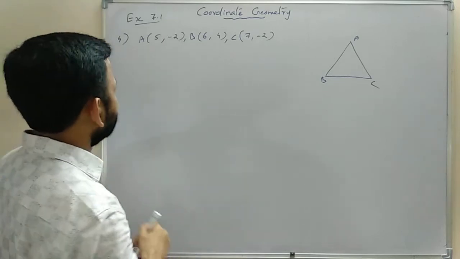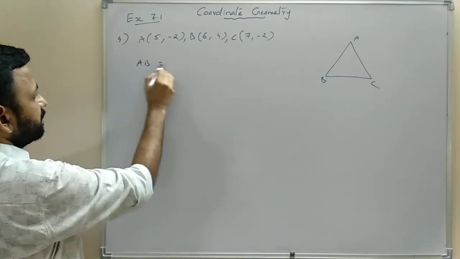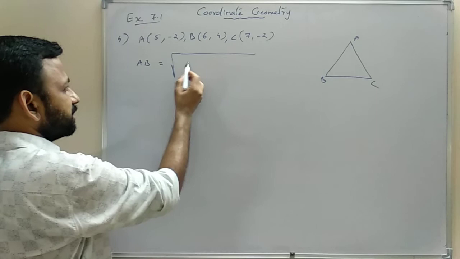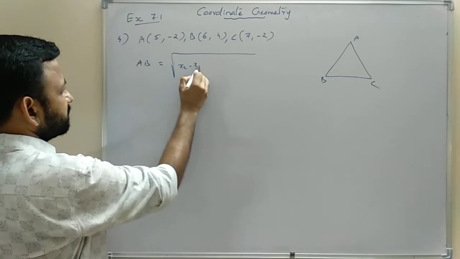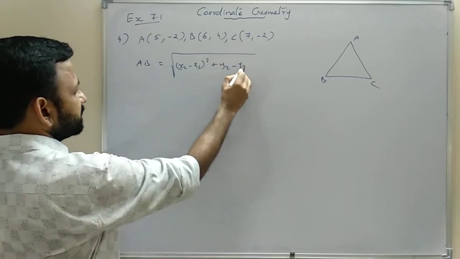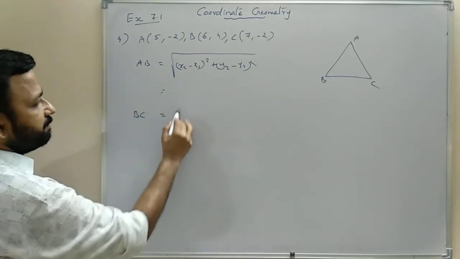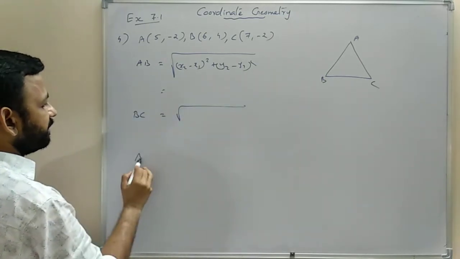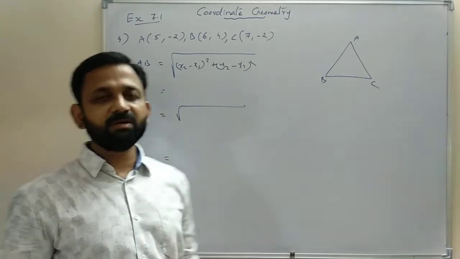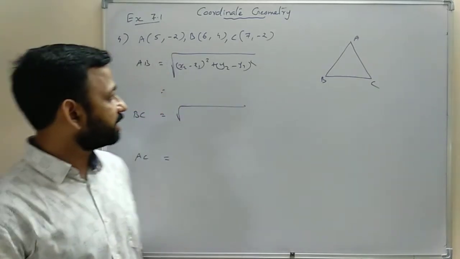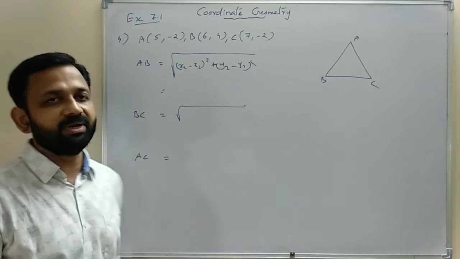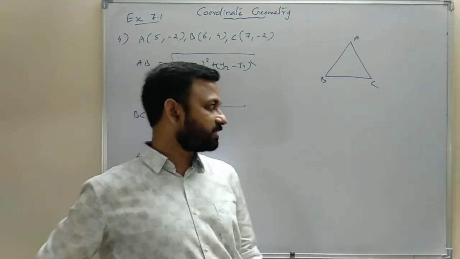Here we find AB using the distance formula, the square root of (x2 minus x1) whole square plus (y2 minus y1) whole square. Simplify and we get AB. The same way we find BC, then AC. We find all 3 sides, and if any 2 sides are equal, then we can say that it is an isosceles triangle.